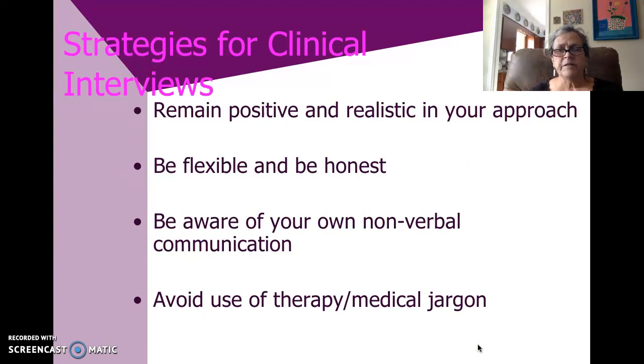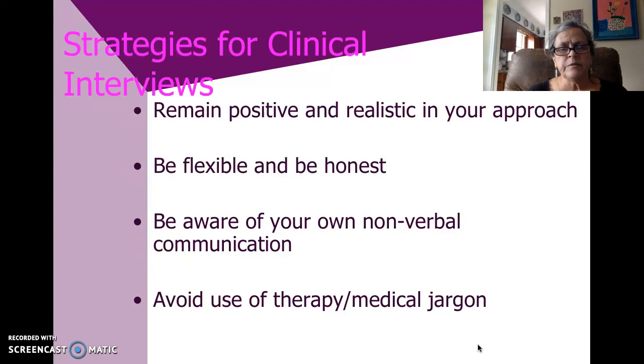You want to be positive, you want to be realistic, but don't assume that you know. Not every child who was born prematurely is going to end up with problems. Not every child that's autistic remains the same or resembles each other. So being positive, as I said, starting with what can the child do well.